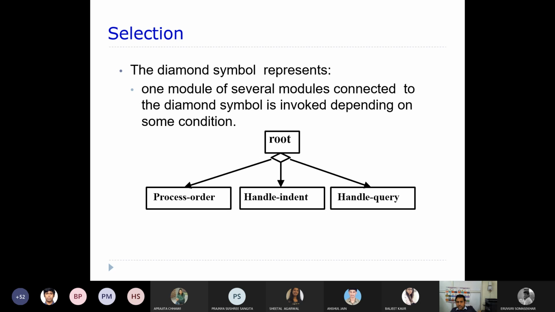If some condition is met, the handle query module is called. That means some conditions are involved, but what the condition is, is not mentioned as part of this. So one module calls another module when some condition is met.